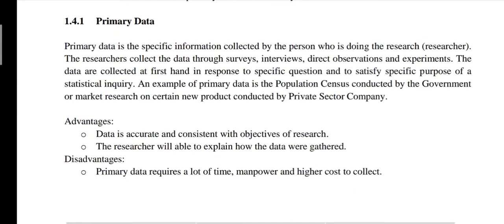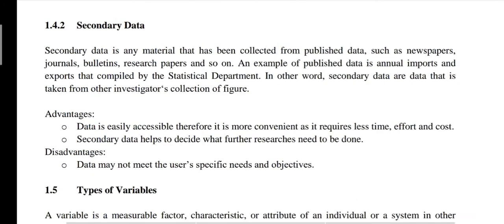And then we have two types of sources of data, primary data dan juga secondary data. Primary data adalah data that is collected from the person who is doing the research ataupun researcher. The researcher will collect the data through survey or interview or experiment or direct observation. Itu adalah primary data. Data yang diambil secara direct.